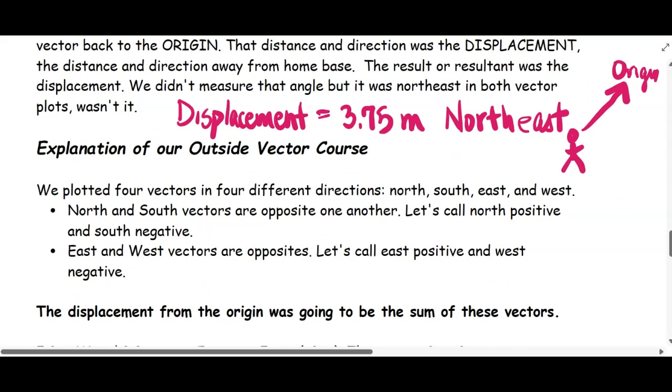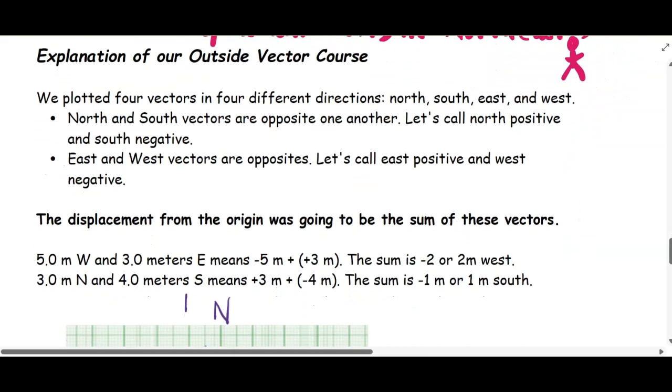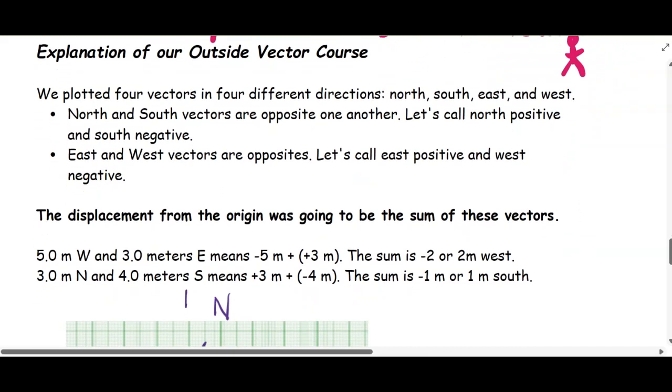So let's talk about our outside vector course. We plotted 4 vectors in 4 different directions, north, south, east, and west. So the north and south vectors are opposite each other. Let's call north positive and south negative. When you have opposites, isn't it okay to do that? East and west are opposites of each other, so let's call east positive and west negative. So the displacement from the origin was going to be the sum of these vectors.